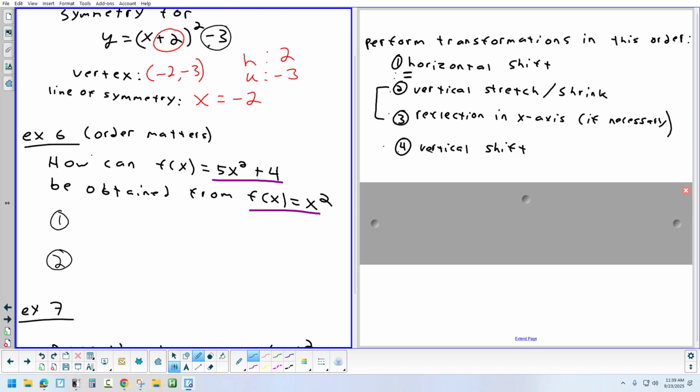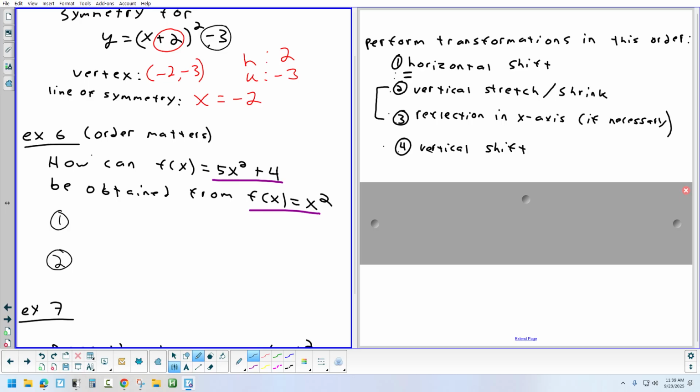Let's start with horizontal shift. Dylan, is there a horizontal shift in this one? No? You sure? Okay, good. Yeah, there's no horizontal shift in this one.